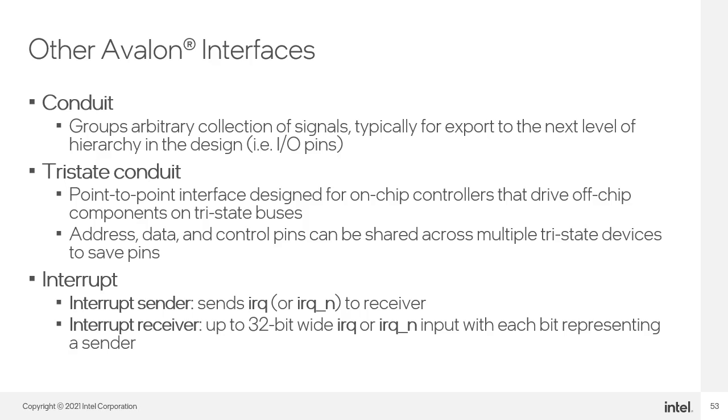Through the use of built-in IP, signals on the tri-state bus can be shared across multiple devices on the bus, saving FPGA device pins. Finally, an interrupt interface allows an interrupt sender to send an interrupt signal to an interrupt receiver, such as a processor, for servicing. These interface types are discussed in more detail in the live class.